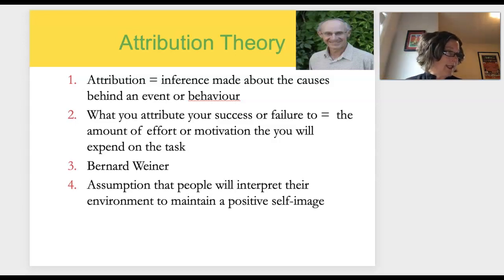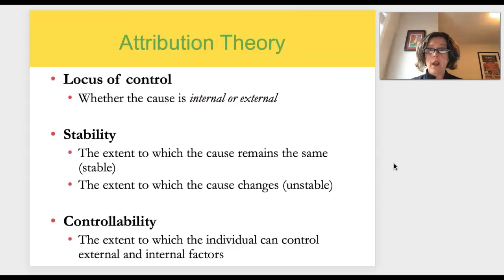Okay, let's go on to the specifics of attribution theory. Basically, you have 3 aspects of the attribution theory. So locus of control. When one succeeds, one attributes successes internally, like my skill, my effort.